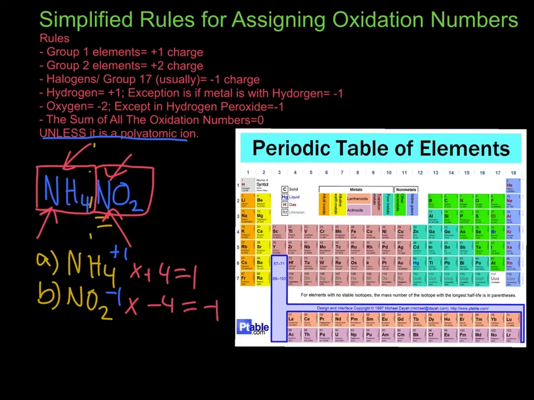So now we're just going to solve for x, just like an algebra problem. Don't get freaked out. So this is going to be x equals -3, and this is going to be x equals +3. And the question asks, what is the oxidation number of the N in this case, the nitrite? So in this case, the oxidation number would be +3.